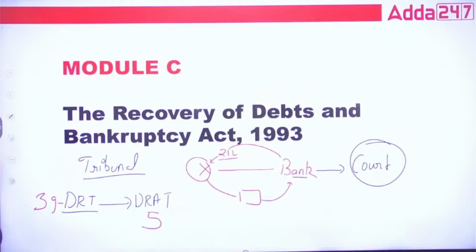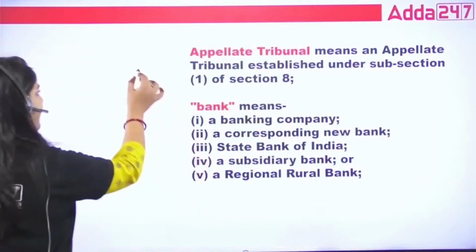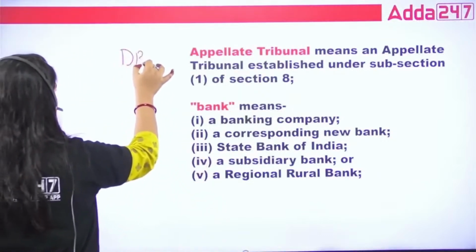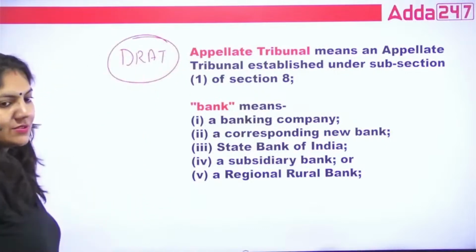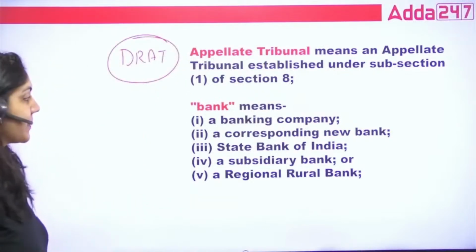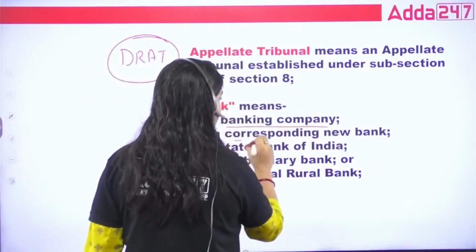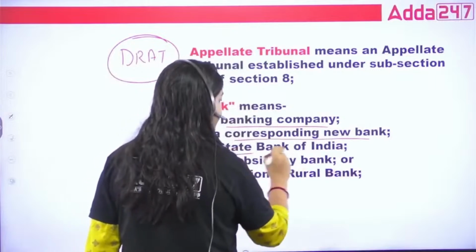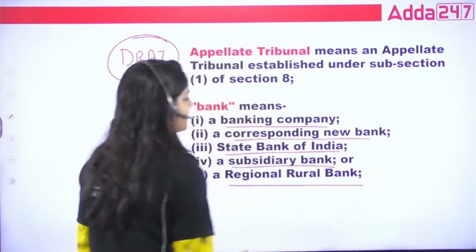First of all, what is an appellate tribunal? The appellate tribunal is the DRAT. That's it. What is a bank? Bank means a banking company, corresponding new bank, State Bank of India, subsidiary bank, regional rural bank.